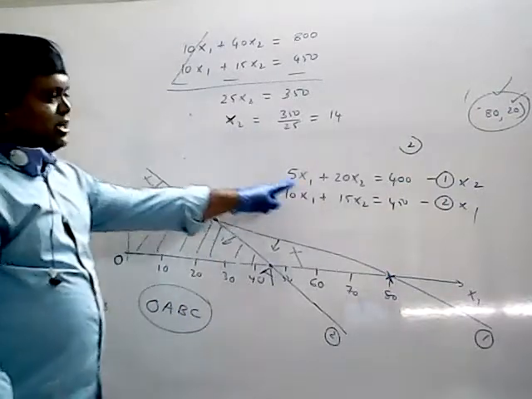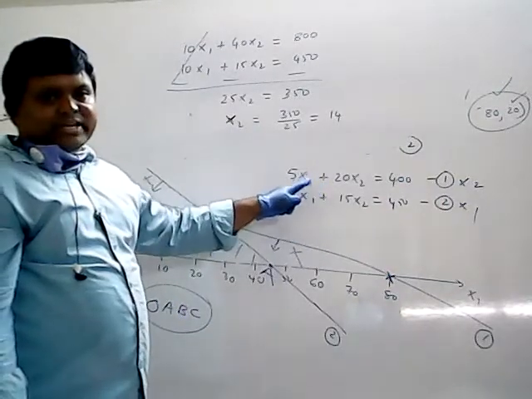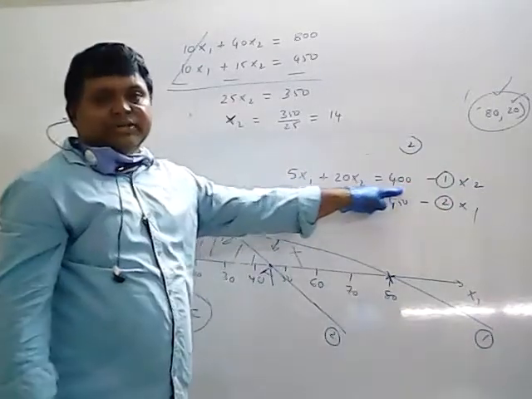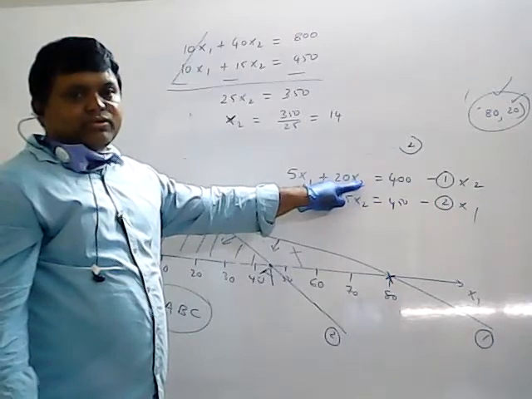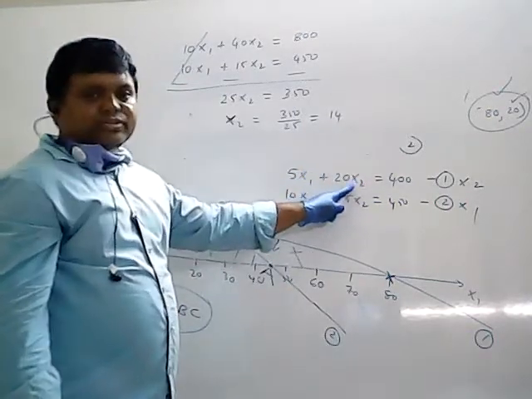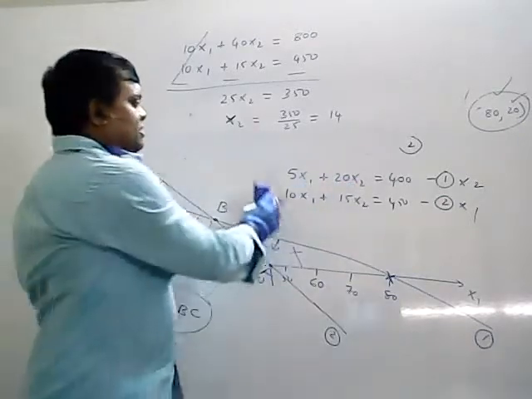Substitute it in any one of these equations and you will get the x1 value. So I will substitute in the first equation. In this I know the x2 value, which is 14.